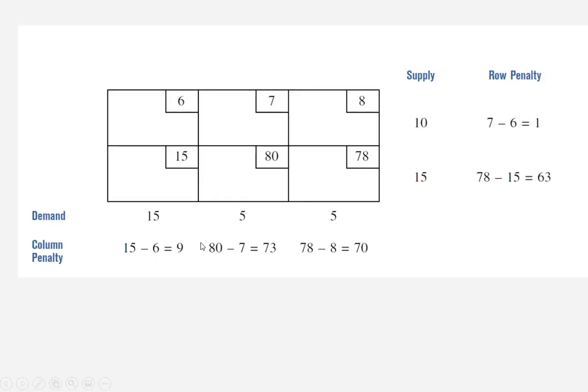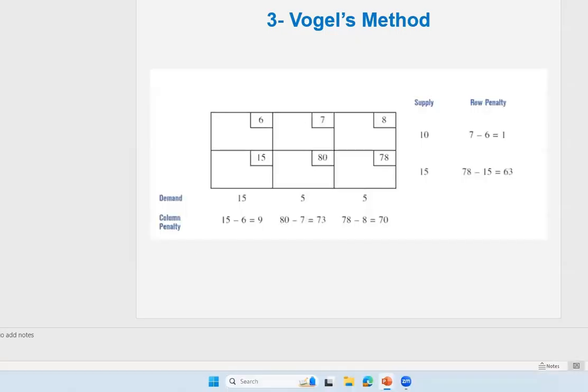Which column or row has the highest penalty? This column. So you start with that. Which one has a minimum cost? 7. So that's your starting point. Add the minimum of 5 and 10 there. 5 and 10, the minimum is 5.